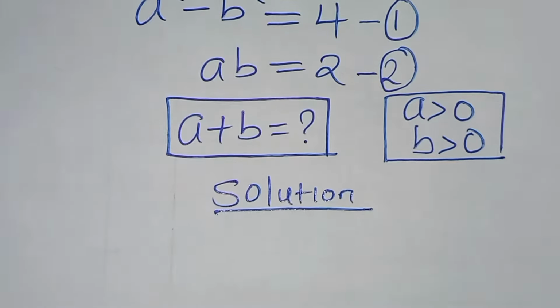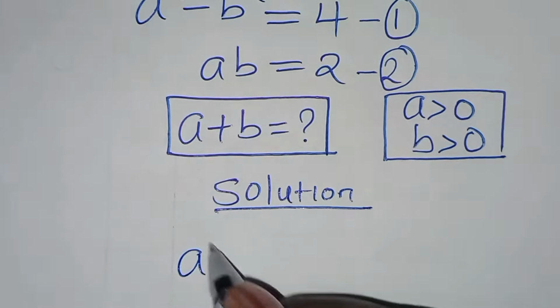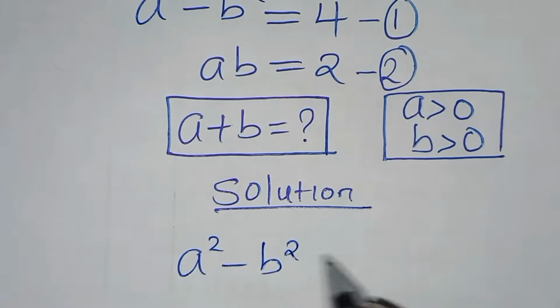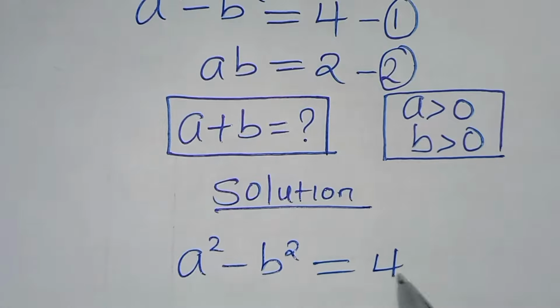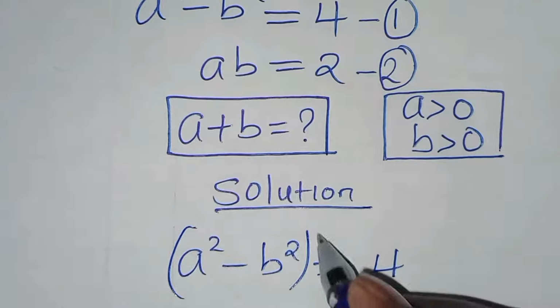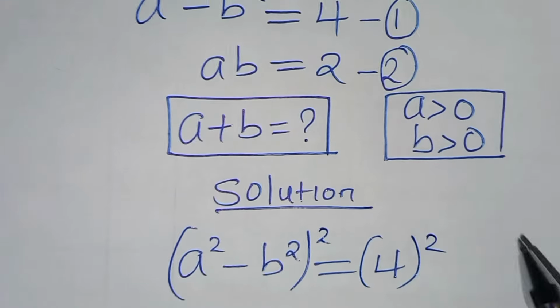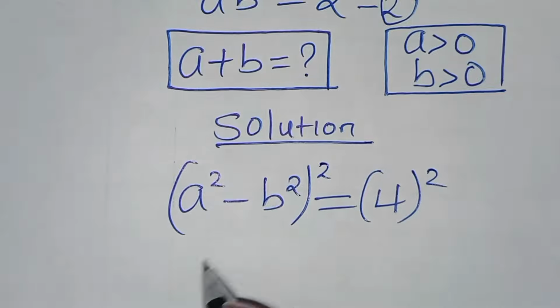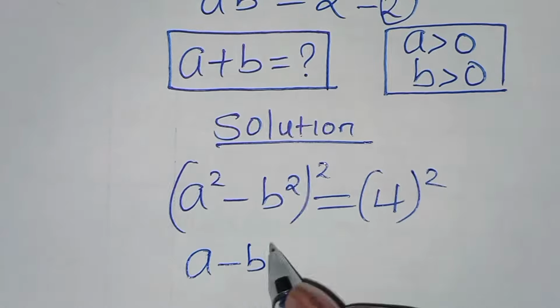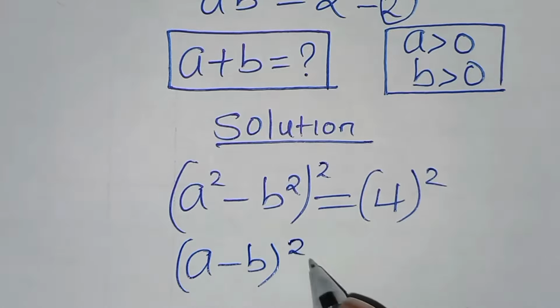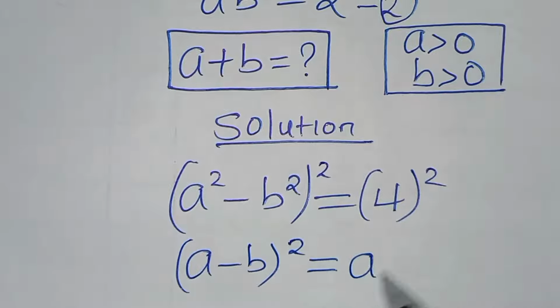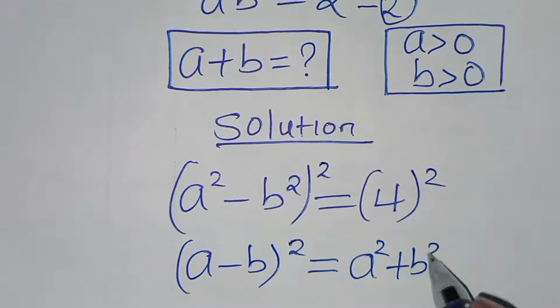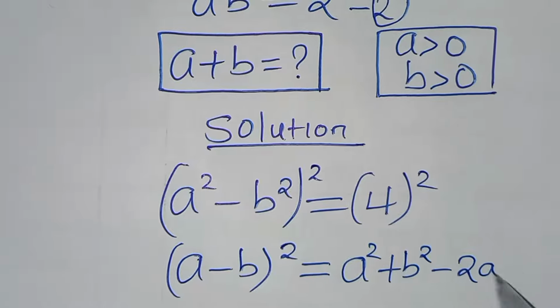Now, from equation 1, which is a squared minus b squared equal to 4, let's square both sides. So, a squared minus b squared, this is actually in the form of a minus b raised to power 2, which we can express as a squared plus b squared minus 2 times a times b.